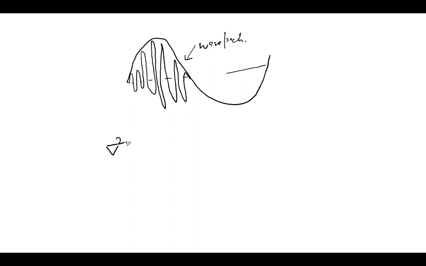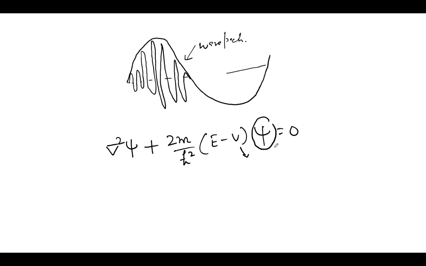He described the motion of this wave packet through this equation: del square psi plus 2m over h square (E minus V) into psi equals 0, where E is the total energy, V is the potential energy of the material particle, and the quantity psi is considered the wave function.